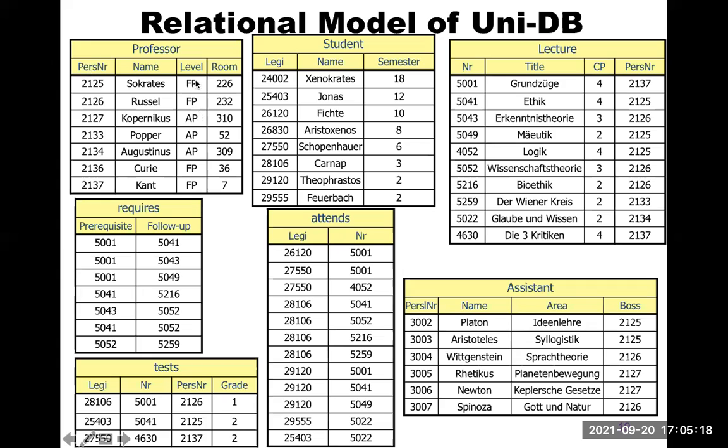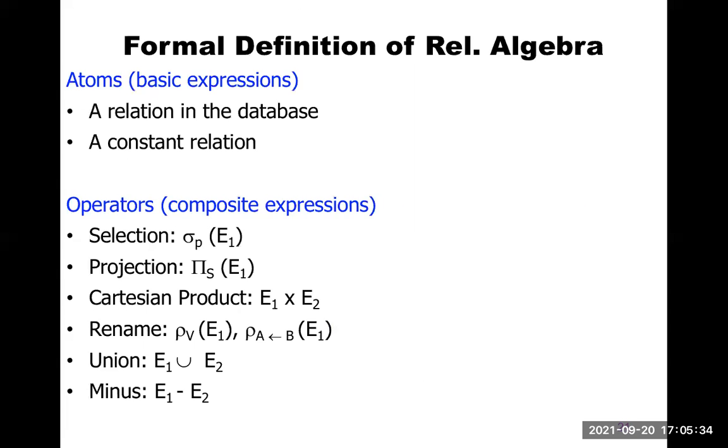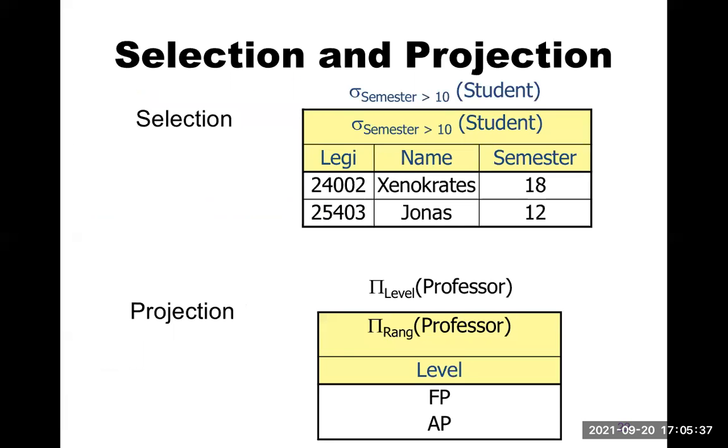The professor table has multiple columns, and level consists of FP, full professor, associate, full. So values in the level column are not unique. We have multiple full professors and multiple associate professors. After projection, all duplicates are removed. So projection not only cuts a column, but it also removes all the duplicates in the results.